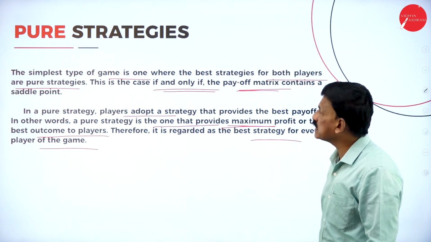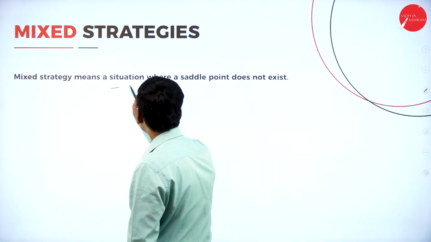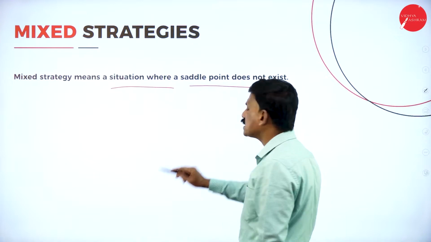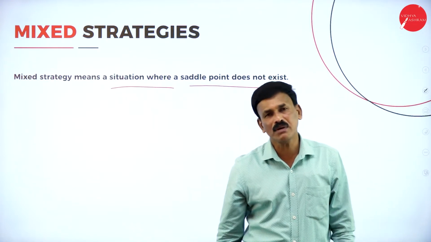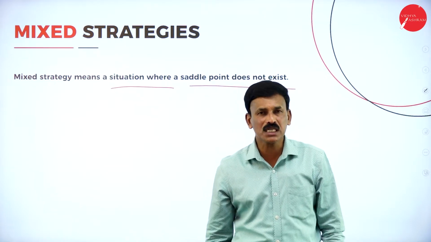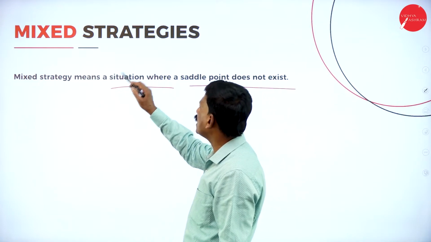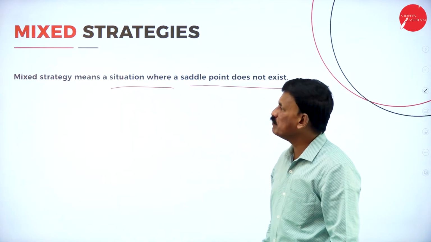Now, mixed strategies. What is meant by mixed strategies? A mixed strategy is a situation where a saddle point does not exist. If the minimax and maximin values are not equal, then the saddle point does not exist, and that strategy is called a mixed strategy.